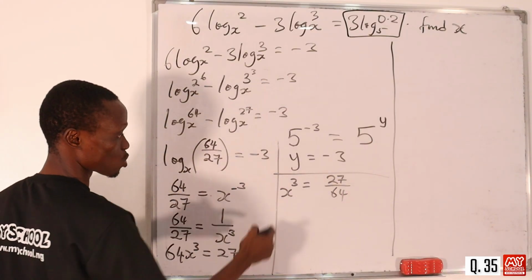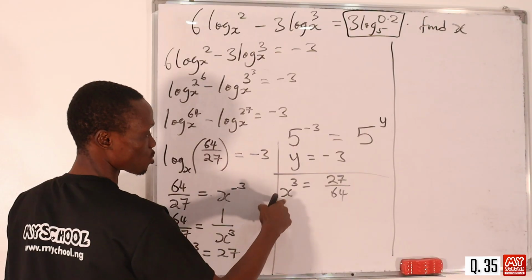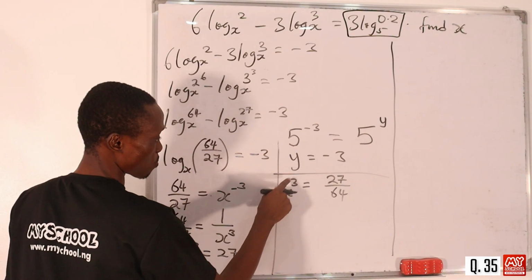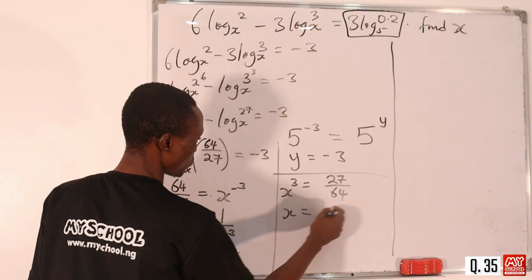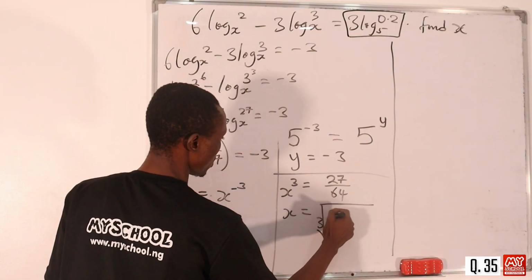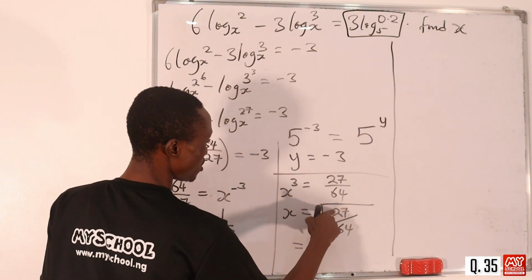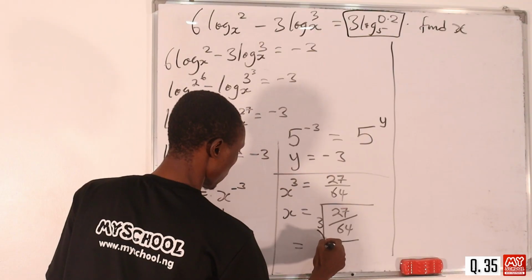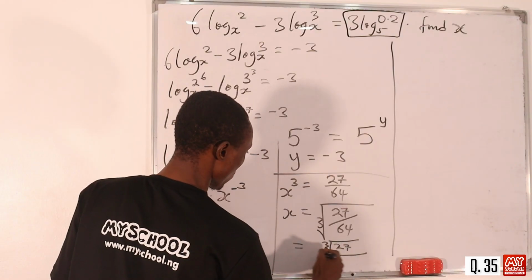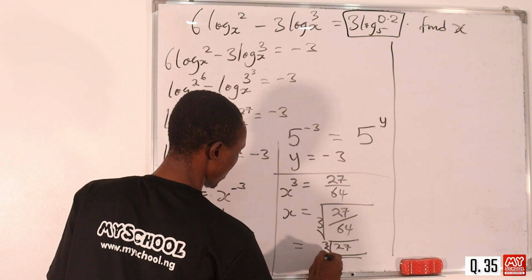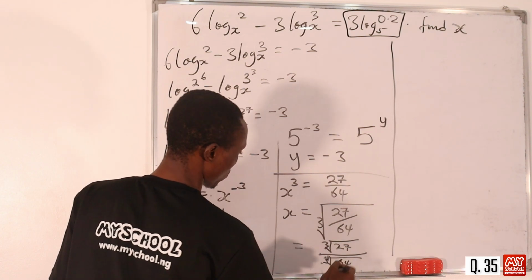The next step, since we are looking for x, not x raised to power 3, we take the cube root of both sides. So the cube root of x raised to power 3 will be equals to x. Then we take the cube root of 27 all over 64. This also means cube root of 27 all over cube root of 64.